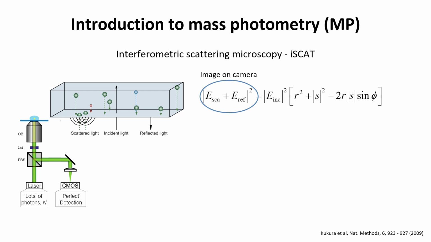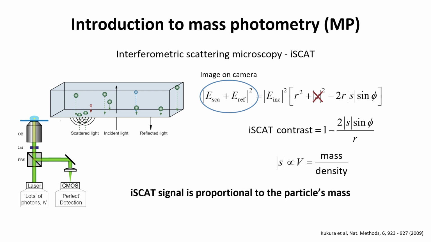Usually, for small scatterers, the scattering amplitude, noted here as S, is really small, and you can neglect the pure scattering signal in this equation. Now R is the reflectivity, which is this term, and you also have here the interference between the scattering and the reflectivity.